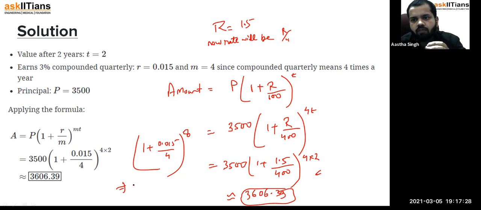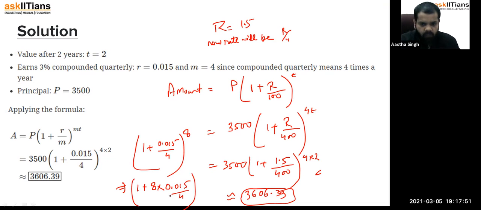Here we use binomial approximation. Guys, whenever this type of quantity comes into your question, just do one thing: 1 plus 8 into 0.015 by 4. This is how you will solve your question.